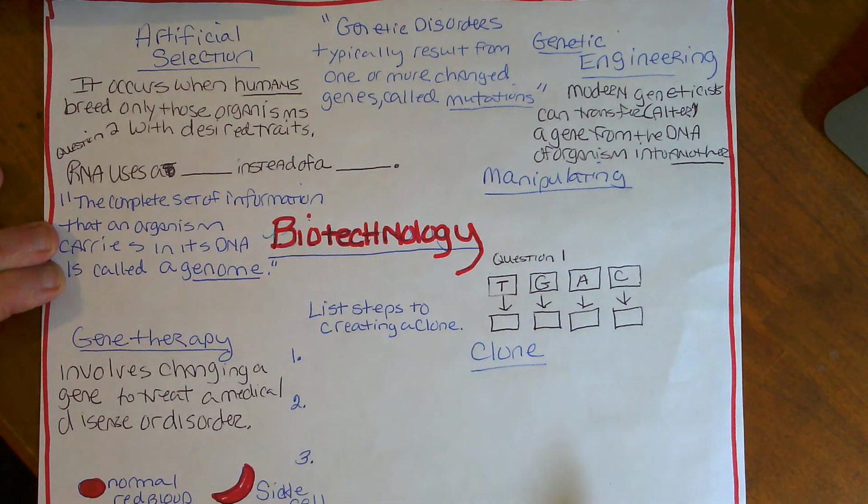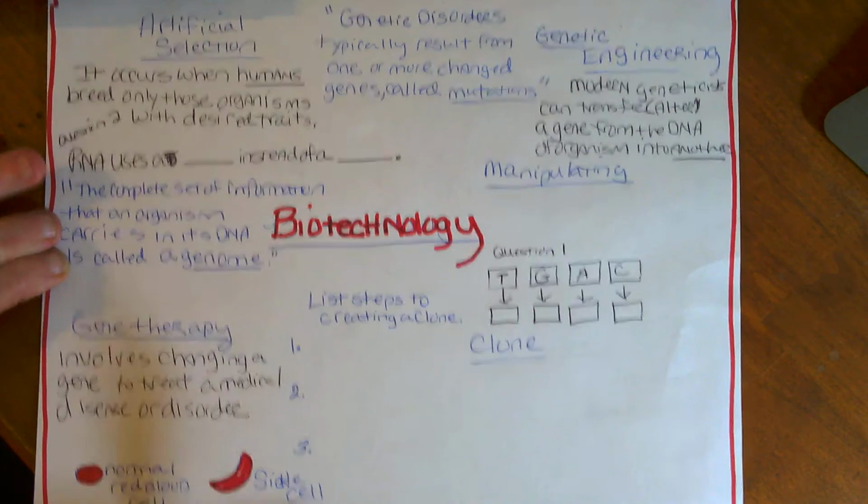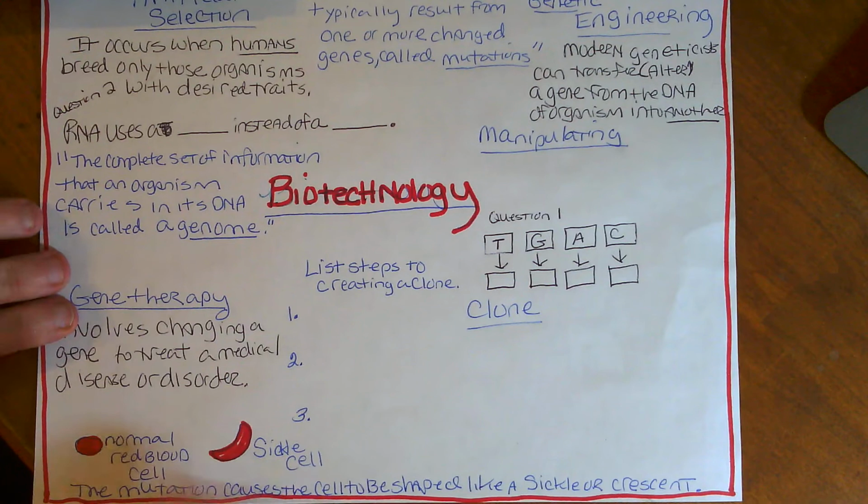Also, I need you to find the definition of clone. And I gave you a little drawing down here of a normal red blood cell. Looks just like that. The red blood cell of the disorder sickle cell anemia looks like that. So this is a mutation that causes the cell to be shaped like a sickle or a crescent.